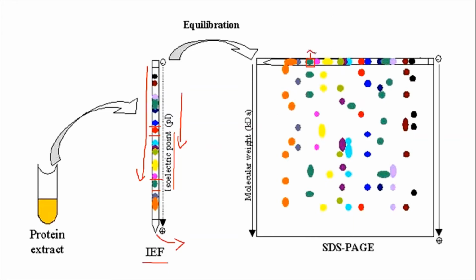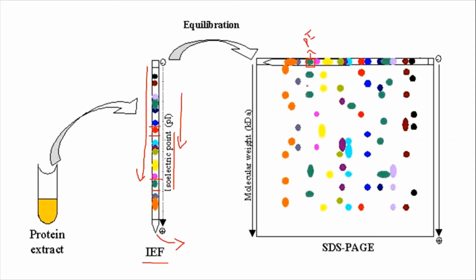This sample may contain a single protein or different types of protein with the same pI. The proteins have the same pI, but the molecular weight is different.